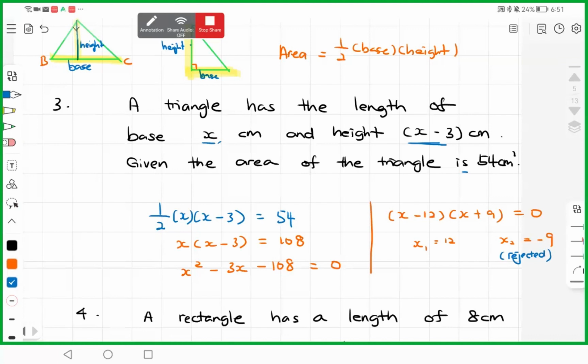So if it's involving a real-life problem, you have to make sure x cannot be negative. But if it's only the normal quadratic equation, the value of x, of course, if x is negative, it can be accepted. In graph form also we can accept the negative.